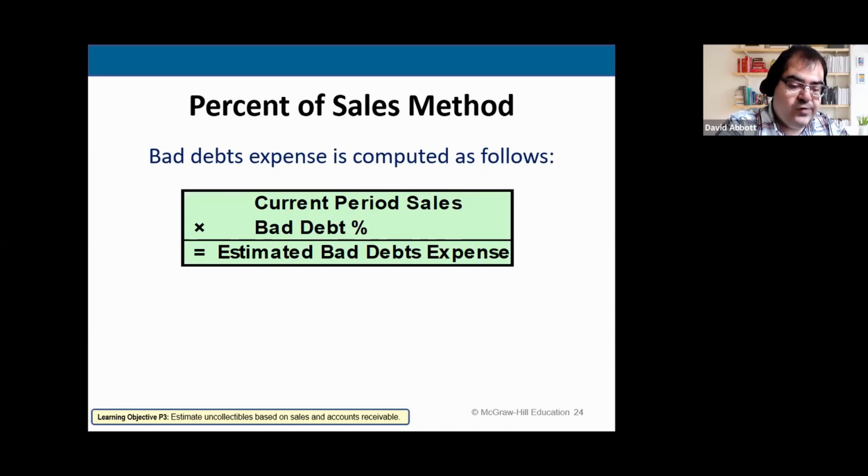The bad debt percentage is determined based on past history of the company and the current economic trends. Also, the sales transactions included in this computation are typically only those that are credit sales. There's no collection issues to be considered, obviously, for cash sales because they're collected at the time the sale is made. So only credit sales. So you'd have the current period credit sales multiplied by the percentage that you think won't be collected. That equals the estimated bad debt expense, and that would be how much the allowance would increase.